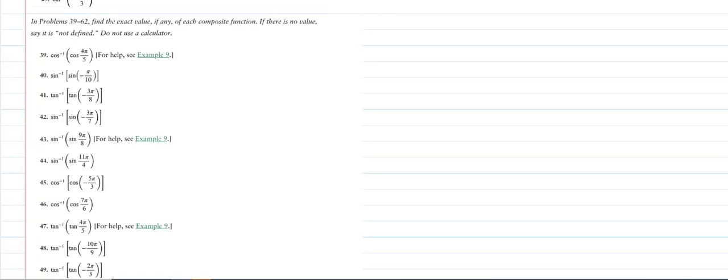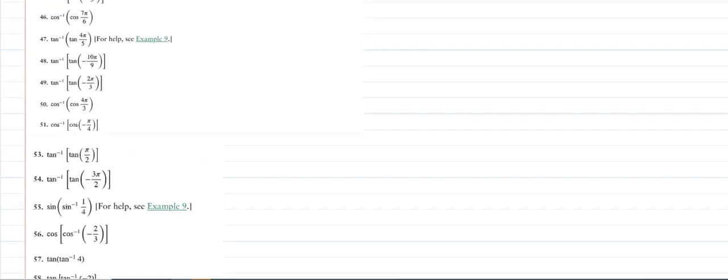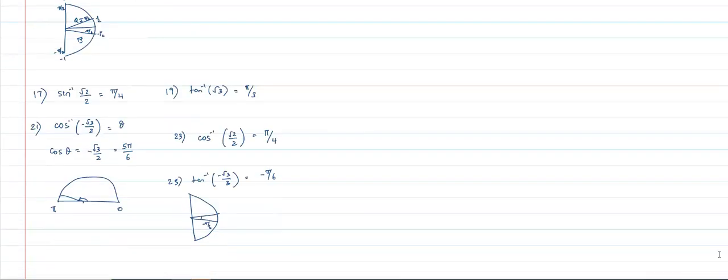So before I write these down, let me tell you a little bit of fundamentals here. So remember this. Sine, so when you compose sine with sine inverse, you have to get the original input x back.